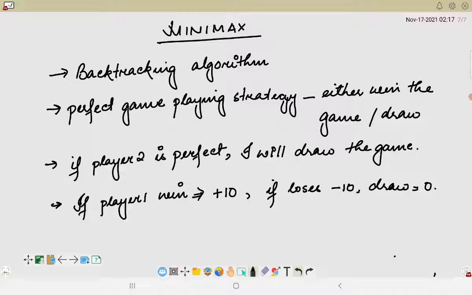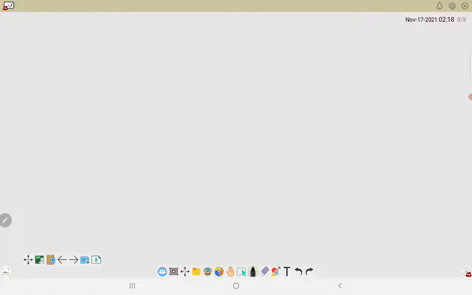Okay, now talking about the Minimax algorithm, first we have to look at a very simple representation of the Minimax algorithm. So suppose, let me draw a tree first, so that later on when we implement this in a tic-tac-toe problem, it becomes easier for us to identify which is the best possible move.